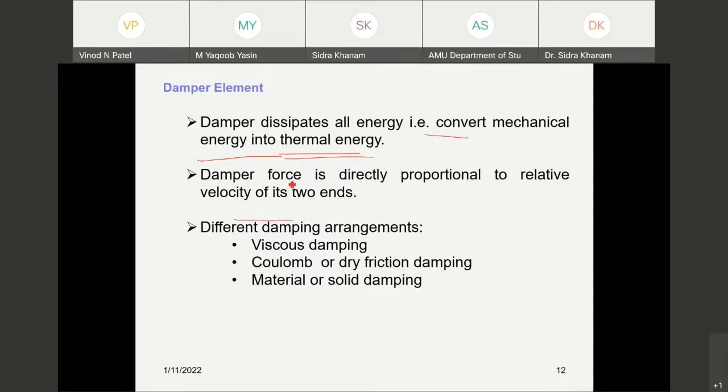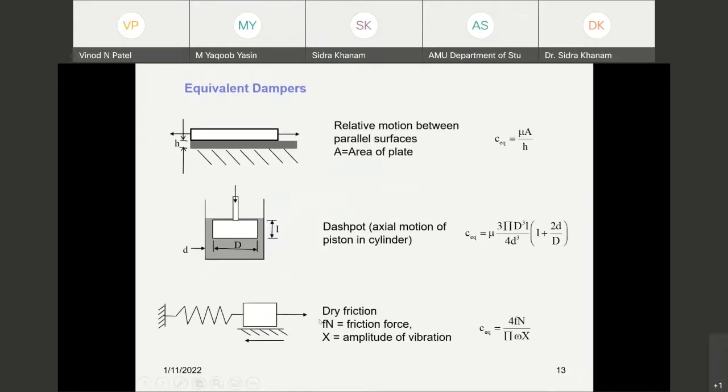Or it releases that energy in the form of heat. The damper force is directly proportional to the relative velocity of its two ends. The different kinds of dampers which you may come across are the viscous damper, the Coulomb damper, or material or solid damping. The equivalent damper can be derived: suppose there is a relative motion between two parallel surfaces, the equivalent C value can be derived.